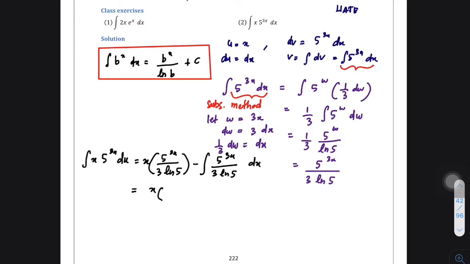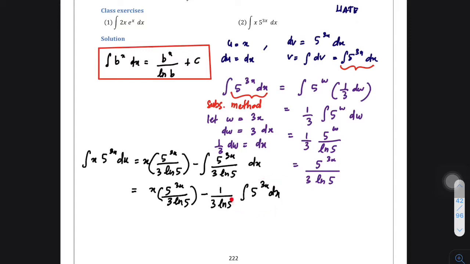So we have x times 5 power of 3x over 3 ln 5, minus, as you can see, 1 over 3 ln 5 is just a constant, so we can put it outside, 1 over 3 ln 5 integral of 5 power of 3x dx.